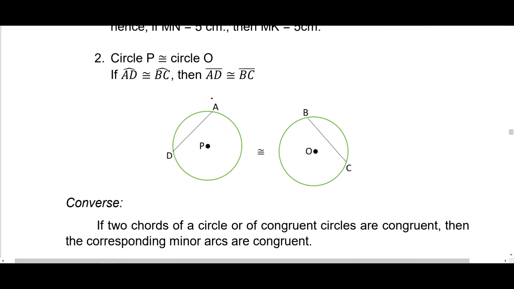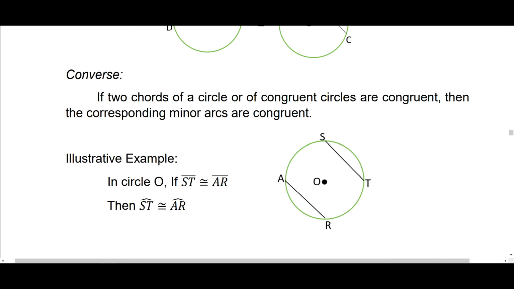Ayan, circle P is congruent to circle O. Kapag congruent yung dalawang circle and meron kang arc BD na congruent to arc BC, ibig sabihin yung mga chord nila ay congruent din.